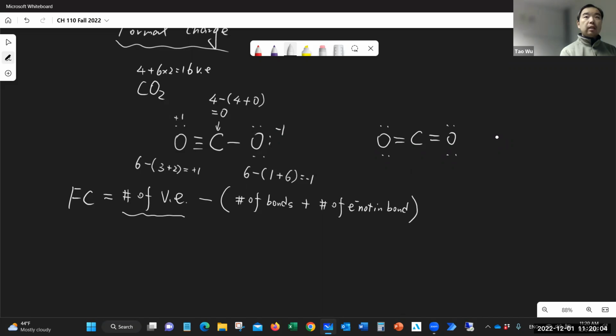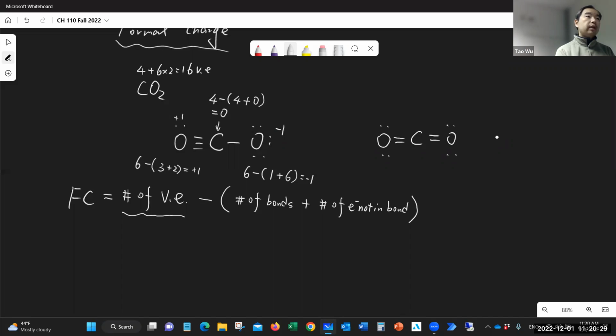Then let's look at this one. You will figure out the difference when you compare things. If you just get the formal charge for one formula, it's nothing. You have to compare with the other formula and then you figure out what the difference is. Then let's figure out the formal charge for each of these elements.